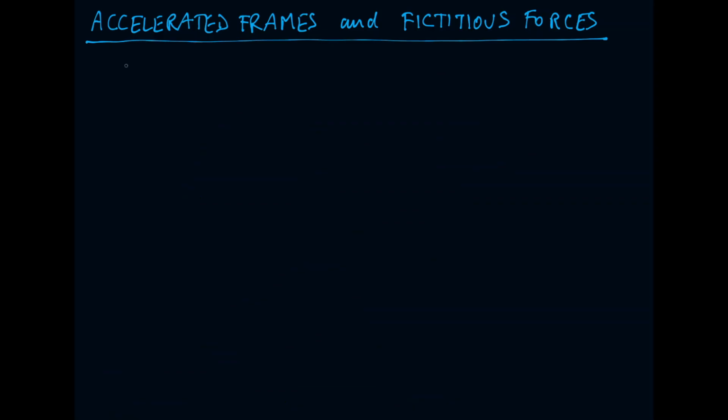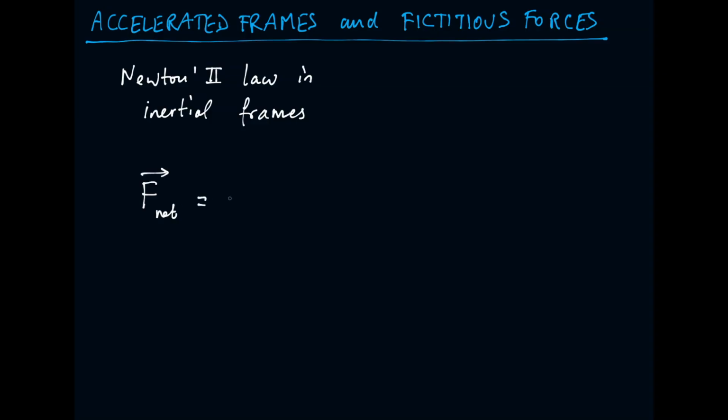and let's rewrite Newton's second law in inertial frames. Where we know that the net force acting on an object is equal to the mass of the object and the acceleration. So far, so good.